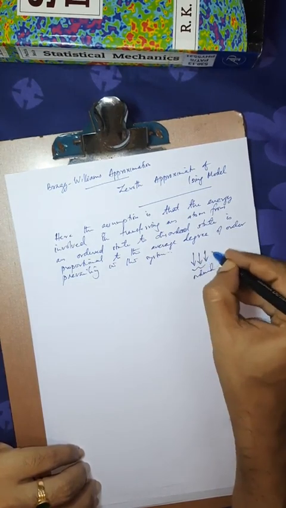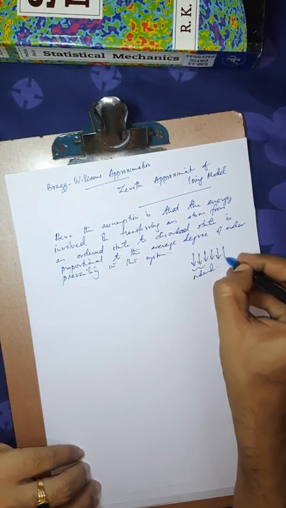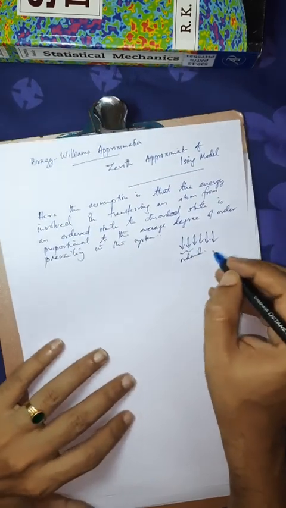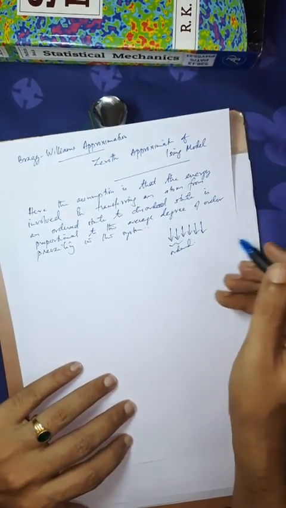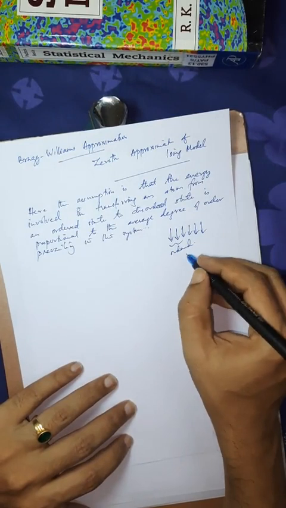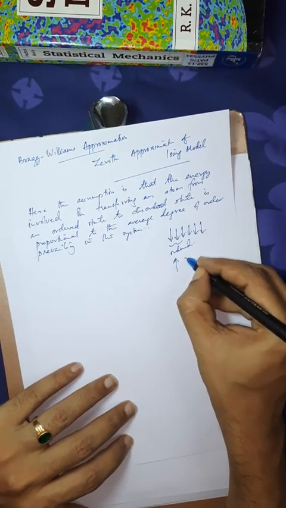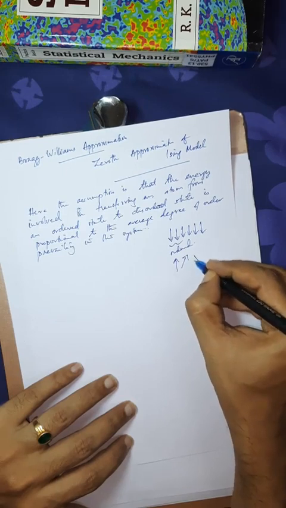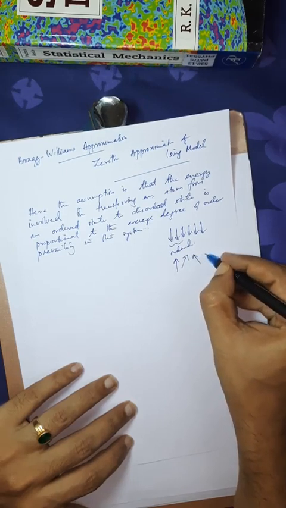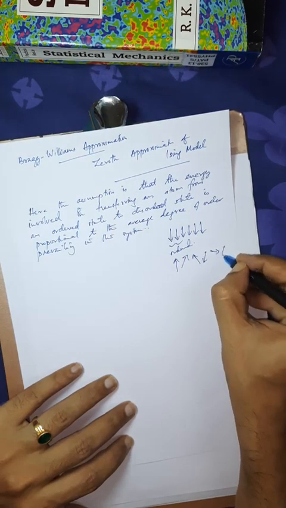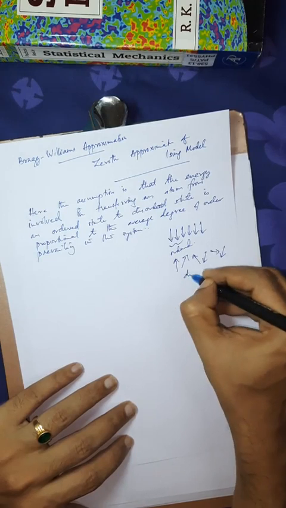This represents an ordered state. Whereas a disordered state is what you see in the case of, say, a paramagnet, where the spins point in random directions like this. So this is a disordered state.